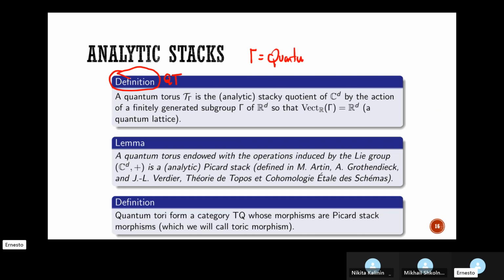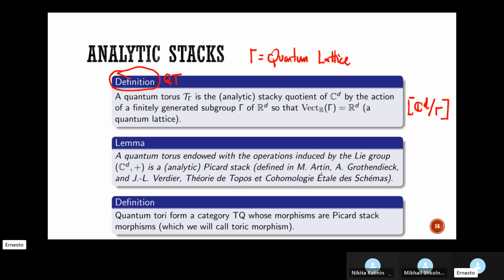It's not a lattice in the traditional sense. Some people would call it a quasi-lattice. It is a quasi-lattice, and we will call it a quantum lattice. We will require that it generates all of R^D. So it is the stack C^D mod gamma, the analytic stack over the analytic site.